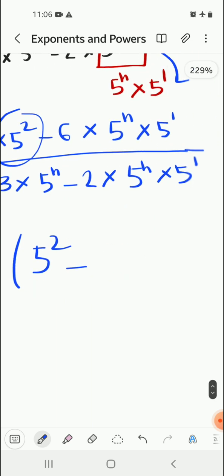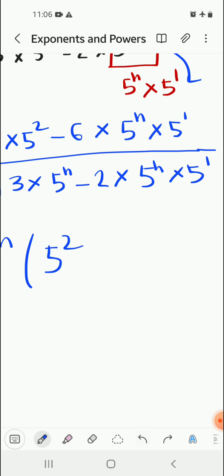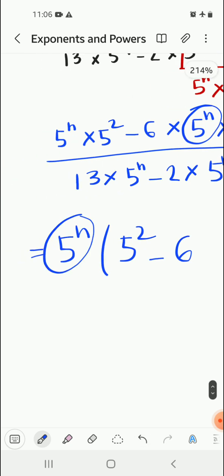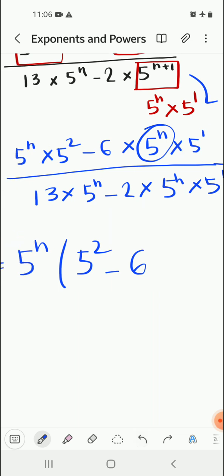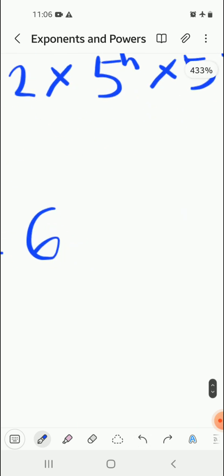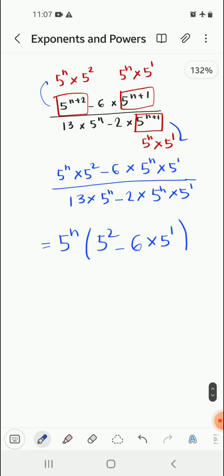Then minus, we are left with 6 here. Again, 5 to the power n is over here, so we are left with only 5 to the power 1. So we are going to write it after this, into 5 to the power 1. After finding all the commons, numerator is done.